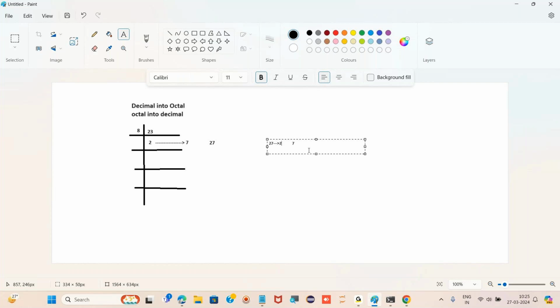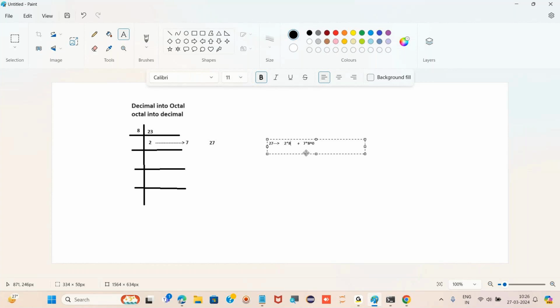What we have to do is multiply 7 with 8 power of 0, plus 2 multiplied with 8 power of 1.